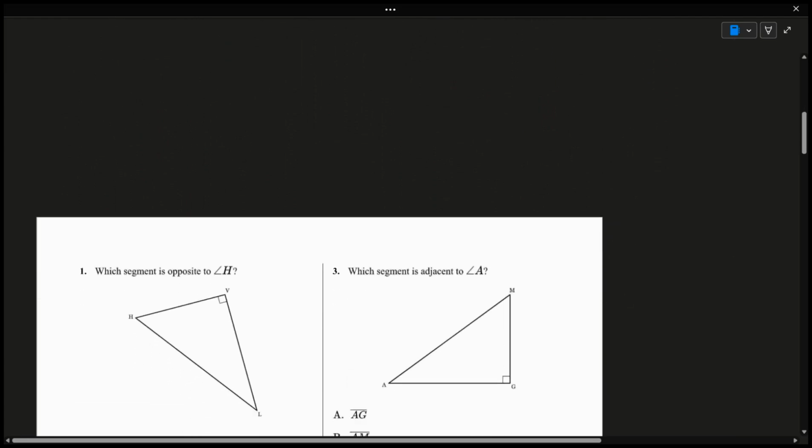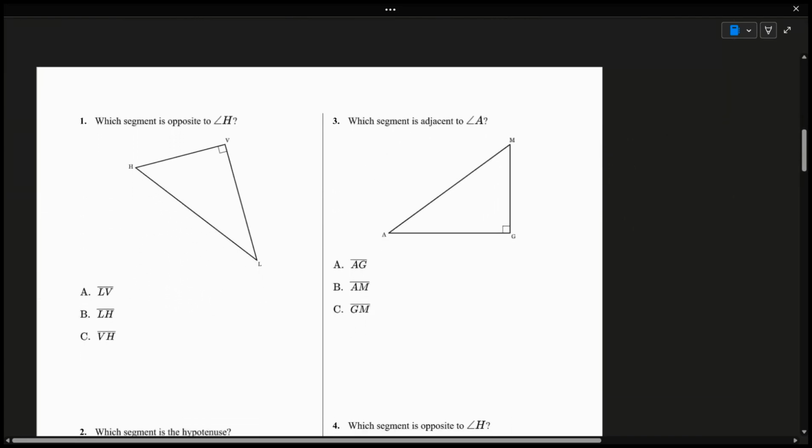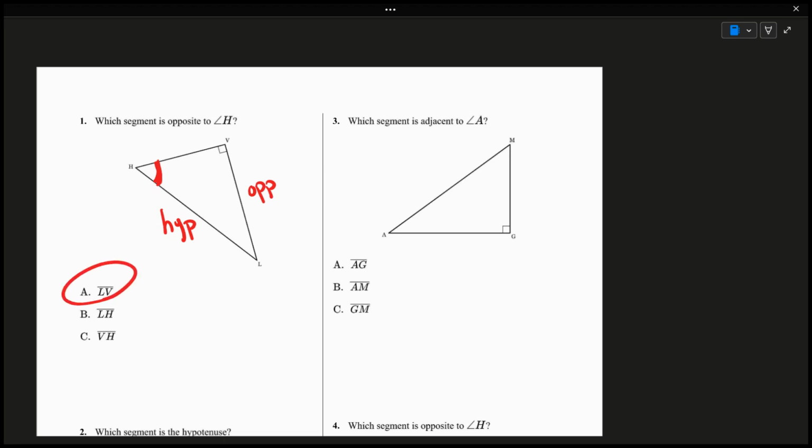So working in Delta Math, opposite angle H, this is what we're talking about. The hypotenuse is the hypotenuse is the hypotenuse relative to angle H. I hope you'll be able to tell me this is the opposite leg and therefore segment LV.